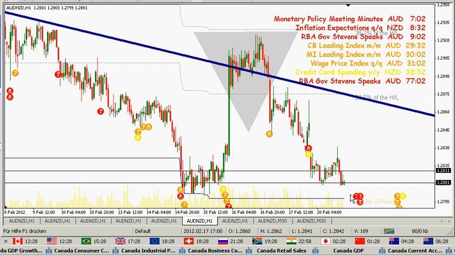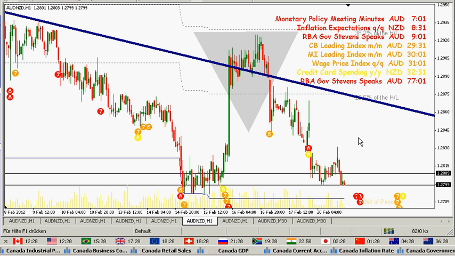And we'll have today, in 7 hours, the monetary policy meeting minutes, and perhaps we will see the scenario once again. Perhaps an upside too, and 1 hour later we will have inflation expectations from New Zealand.